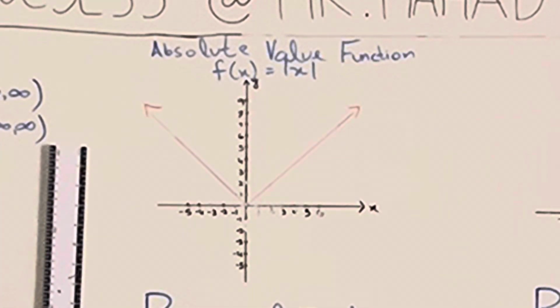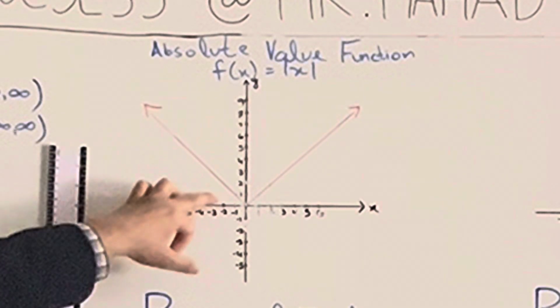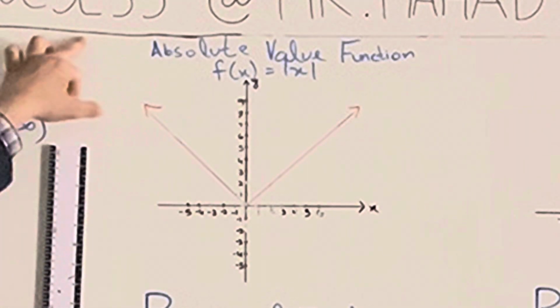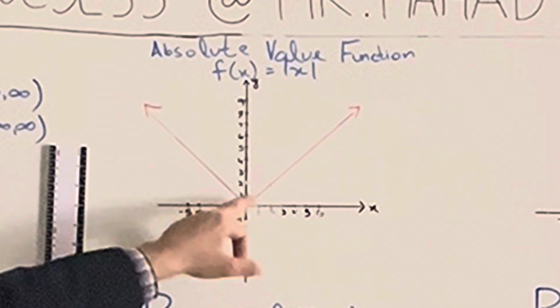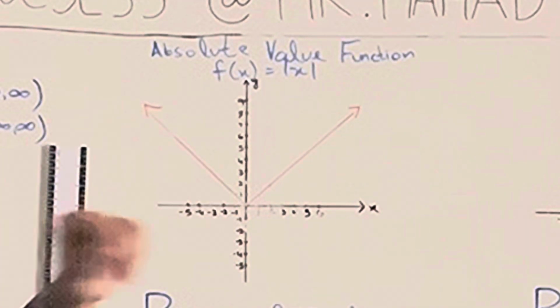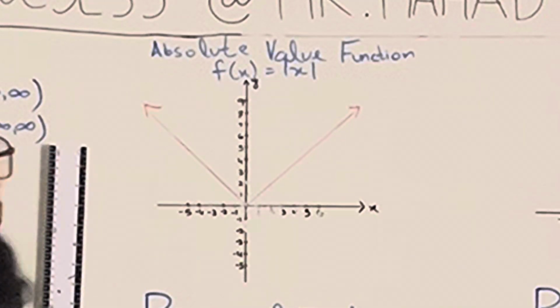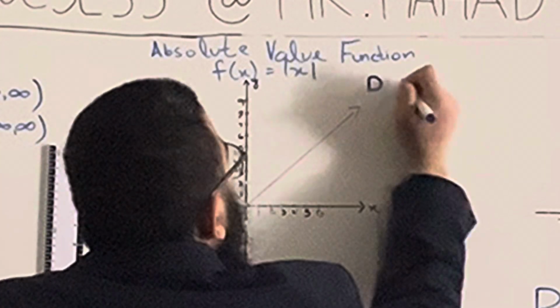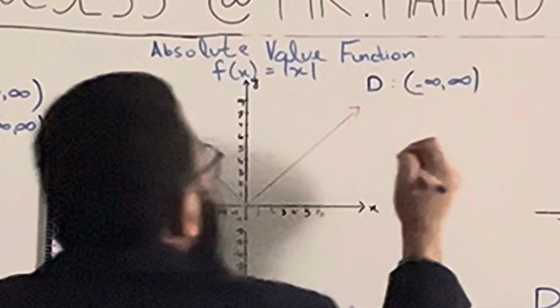So let's look at if there are any restrictions. I do not see any restrictions in the domain, since it extends all the way from negative infinity, coming to 0. 0 is included, so there are no interruptions, and then it moves towards positive infinity. So I can say that the domain is from negative infinity to positive infinity.